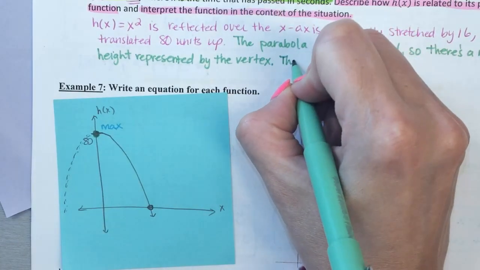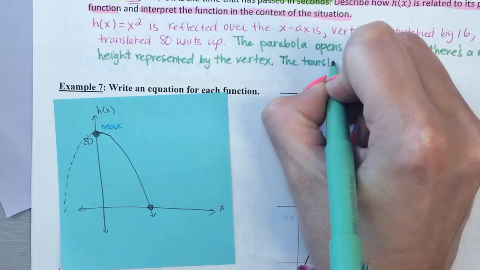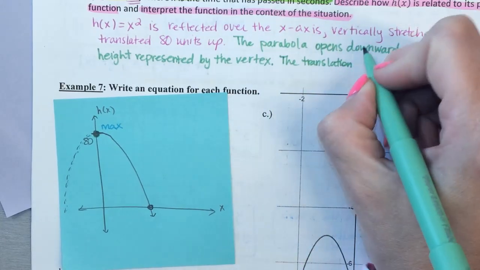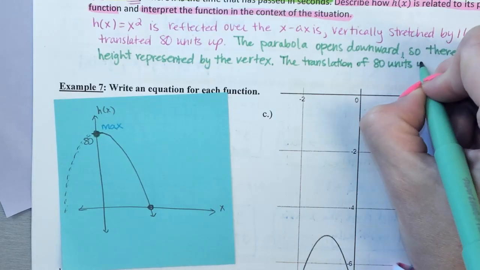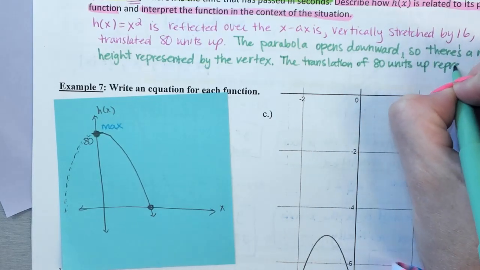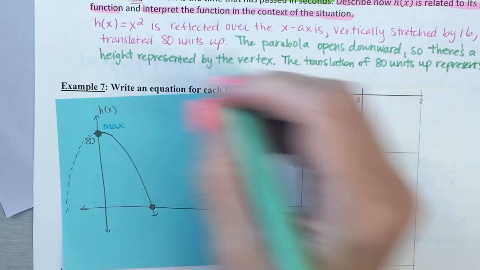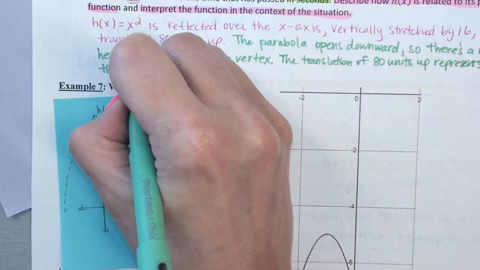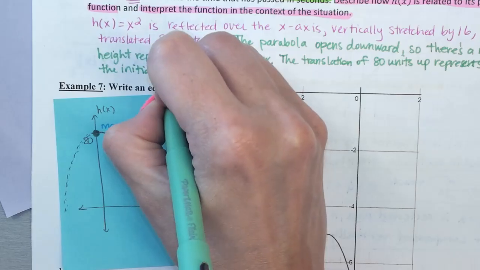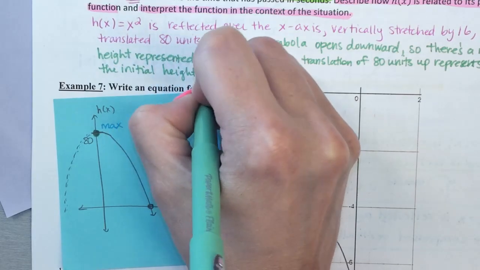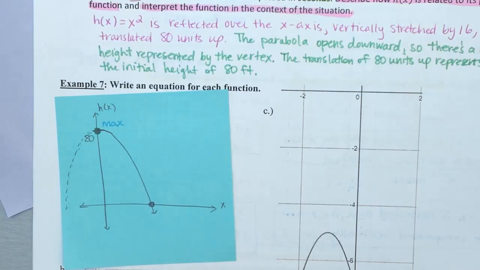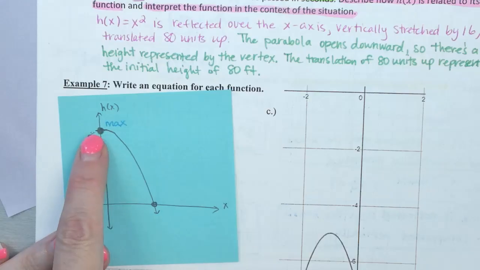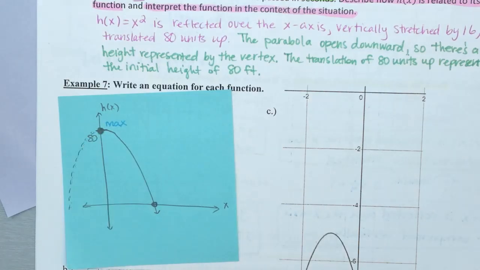So we're just going to say the translation of 80 units up represents the initial height of 80 feet. Okay, so in this case, your vertex is your initial height.